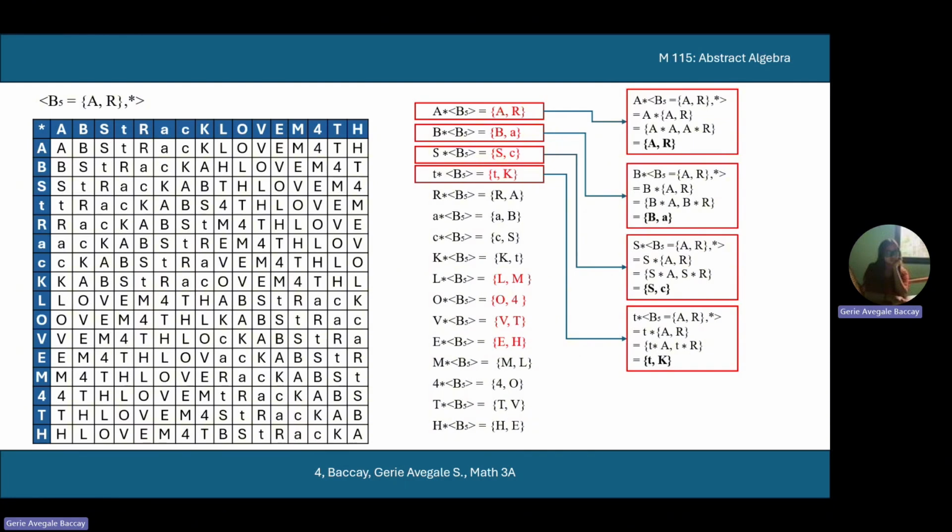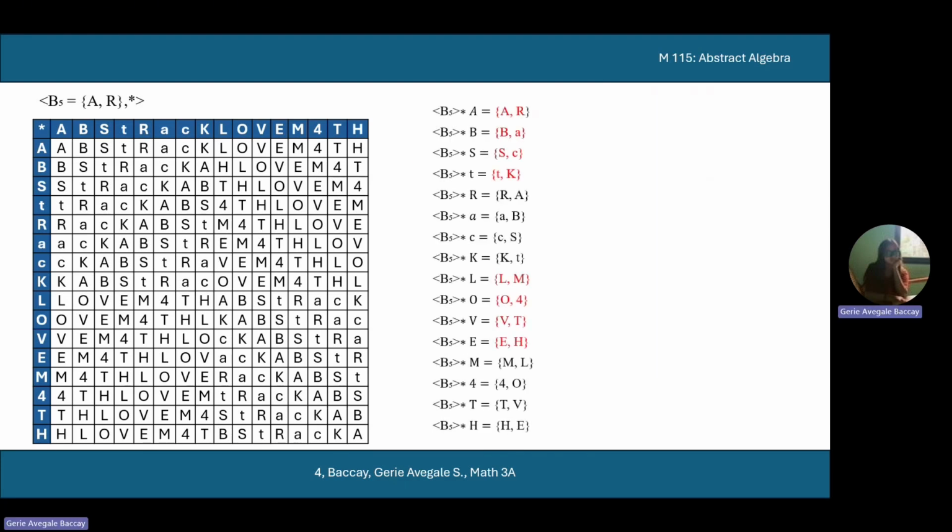Now let's explore the right cosets of B sub 5. Getting the right cosets is very similar to left cosets, but the group element is operated on the right instead of the left. Let me show you how it works.